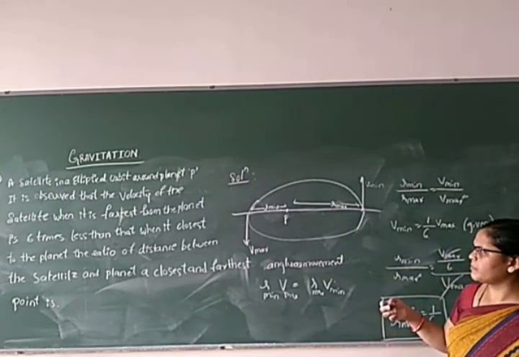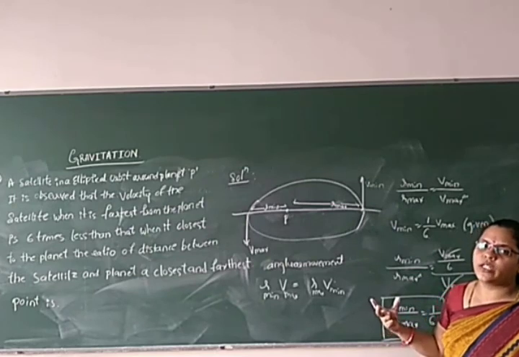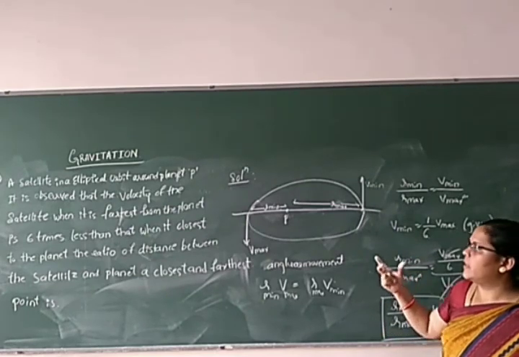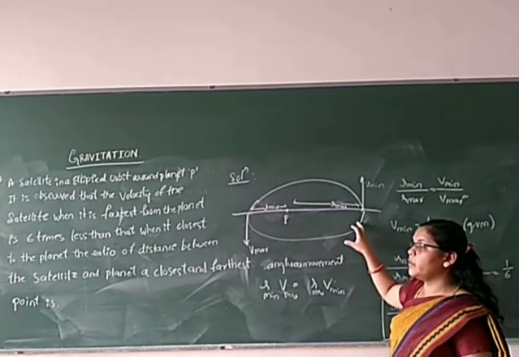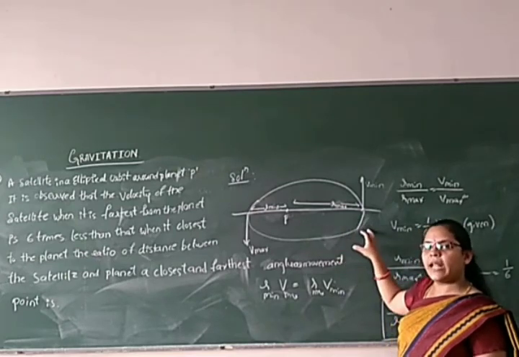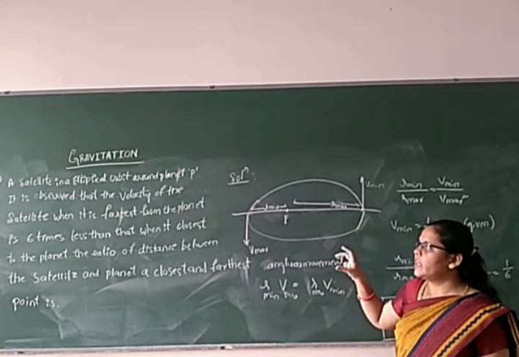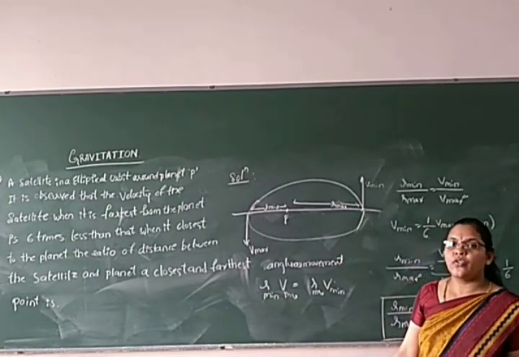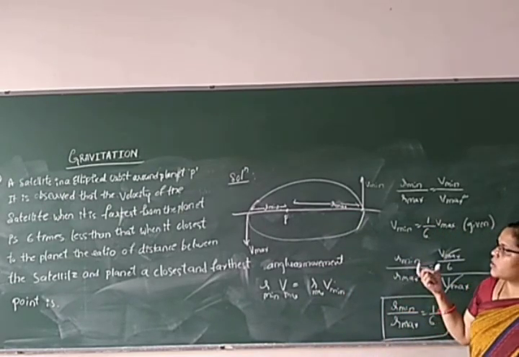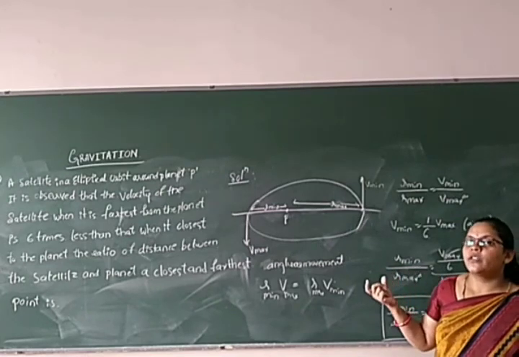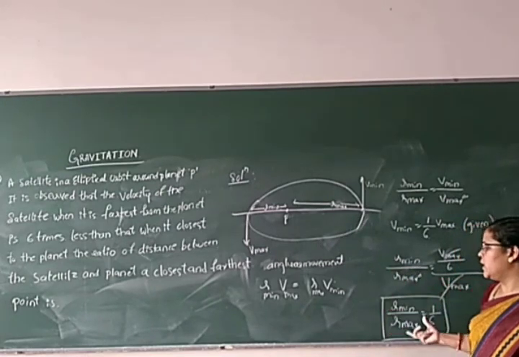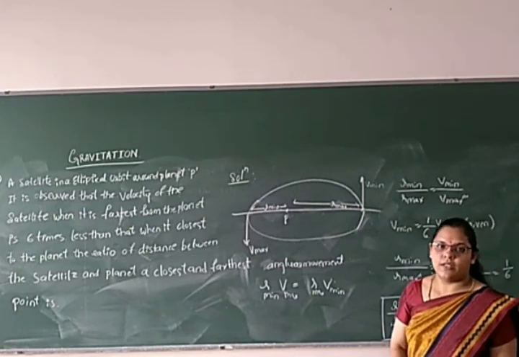When the satellite is far away from the planet, it is the slowest. So minimum velocity will be there where the radius is maximum. The ratio of the radius at minimum velocity and the radius at maximum velocity is 1 by 6 times.